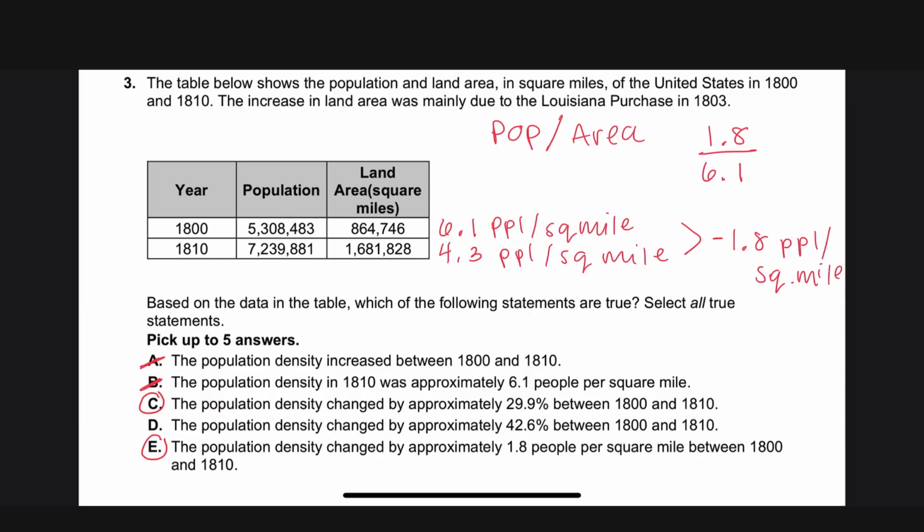Would that be right? Yep. That ends up being 41.9, so that is kind of close to D. But when you're doing percent change, you do the change divided by the original amount before it changed. So we got C and E are both correct there.